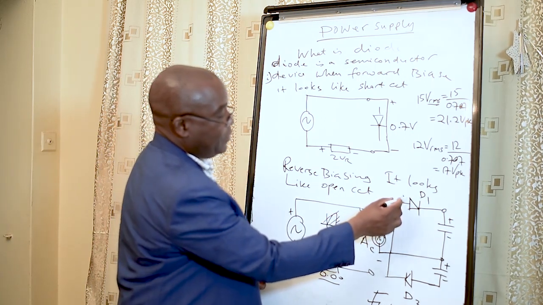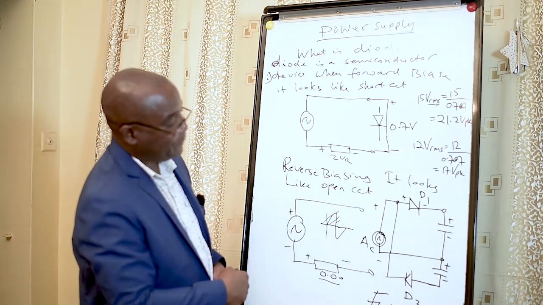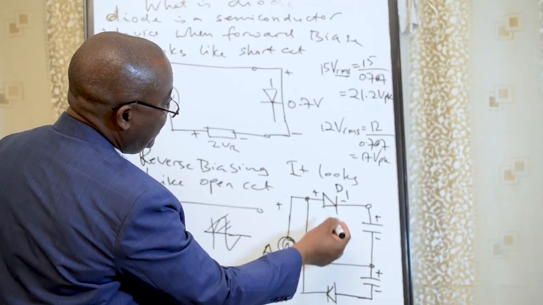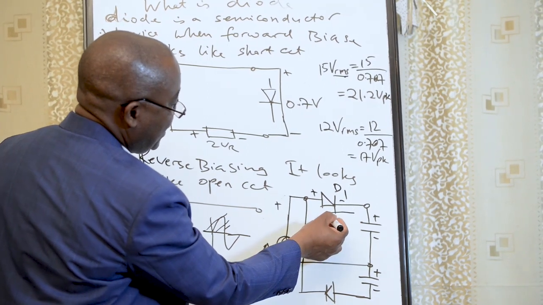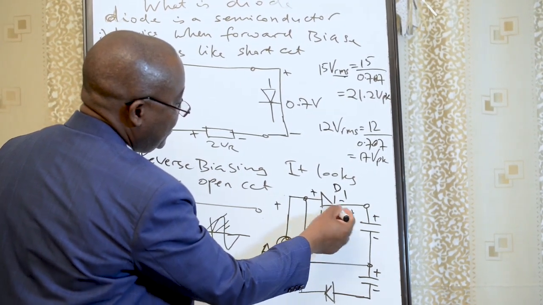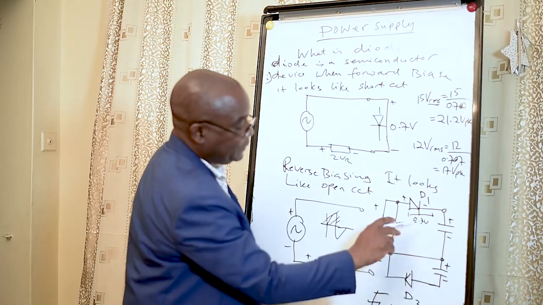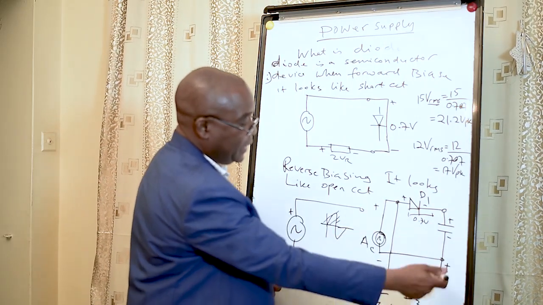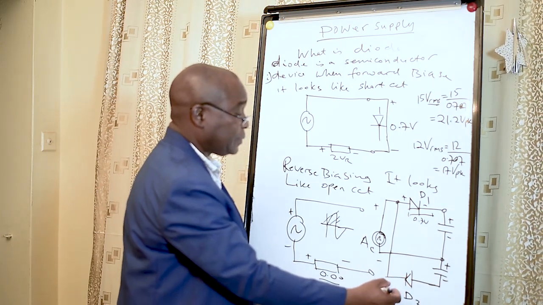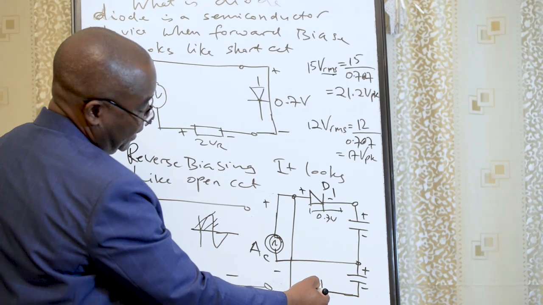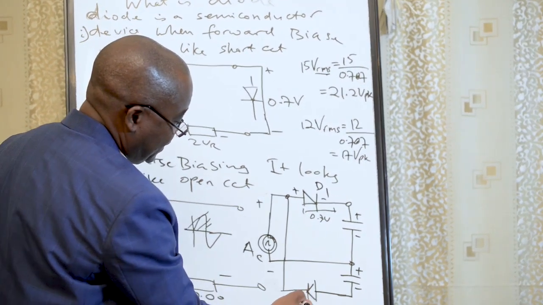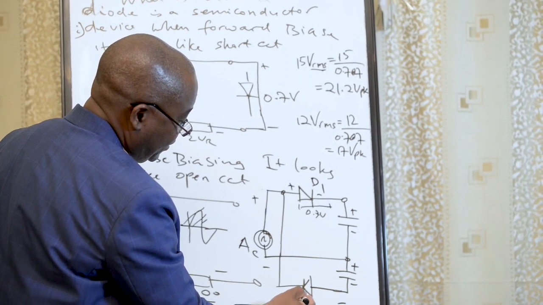So here we have forward, positive, negative. This diode will be forward, then it will be like a short circuit, 0.7 volts, forward bias. But here it will be open circuit.